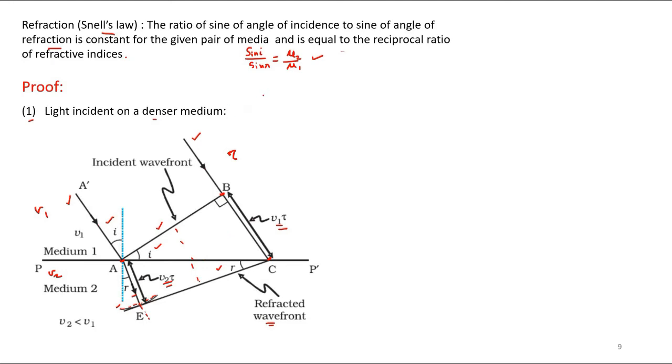Now sin I. So in right triangle ABC, sin I is opposite by hypotenuse, BC by AC.